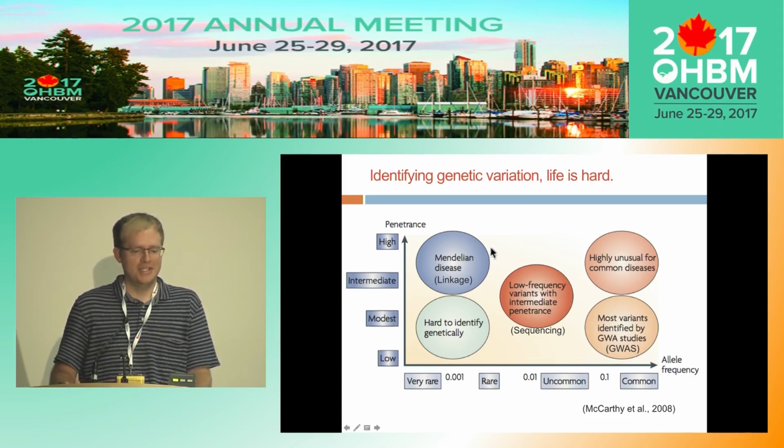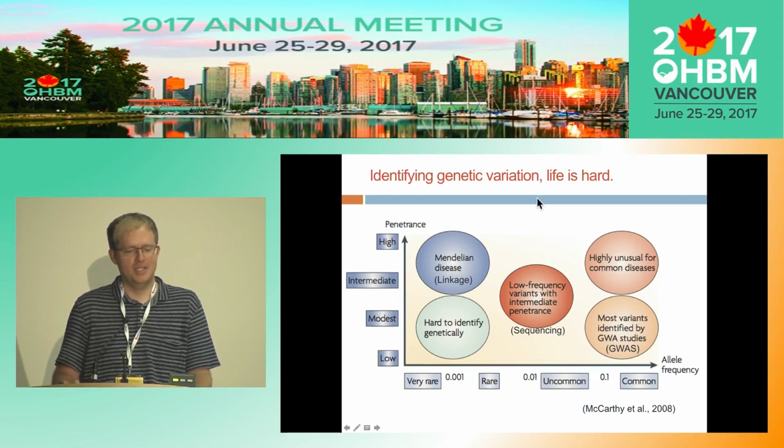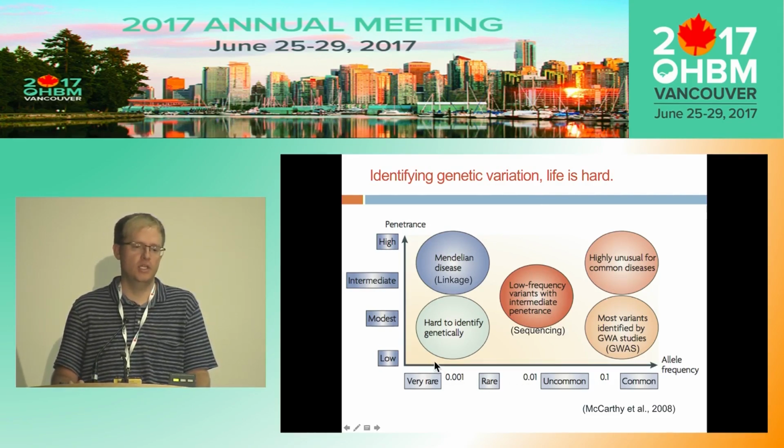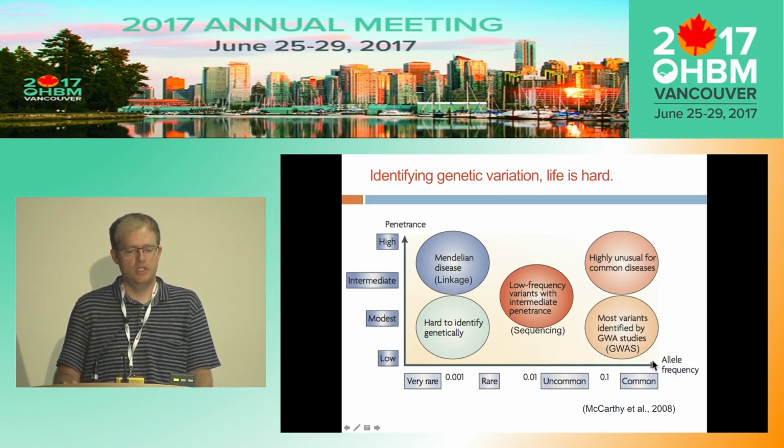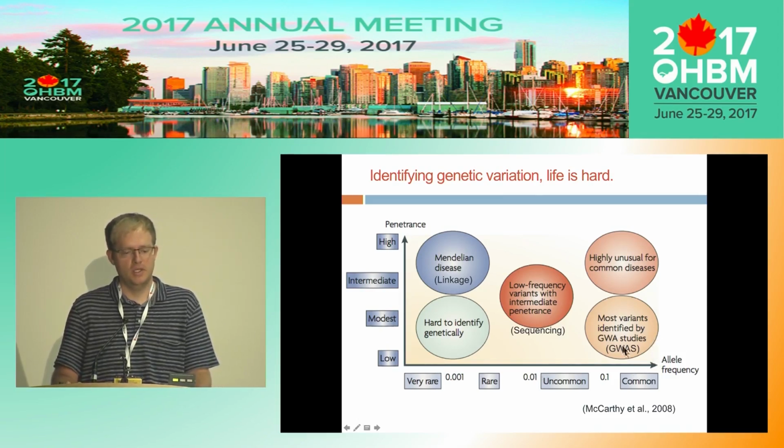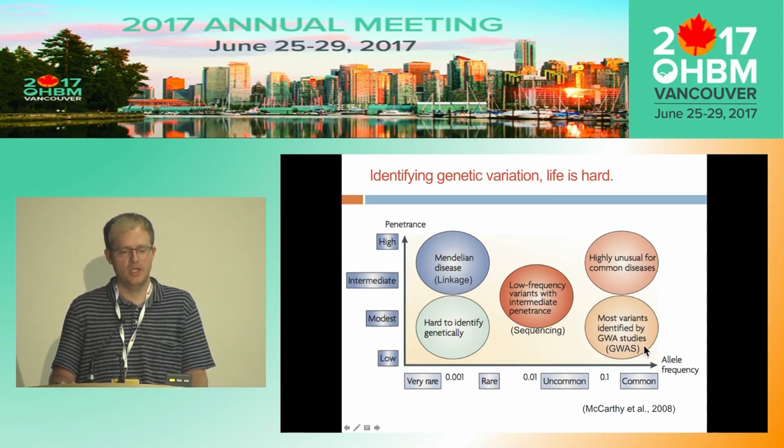The title of the slide is Life is Hard, because the other key component of this is there's a trade-off between how rare something is, how common it is, and how big an effect size you can expect. As JB mentioned, once you have proper sample sizes, you start to realize in a very large GWAS that the individual effect size for a given SNP is quite small.